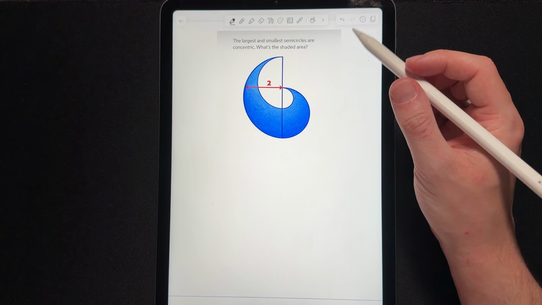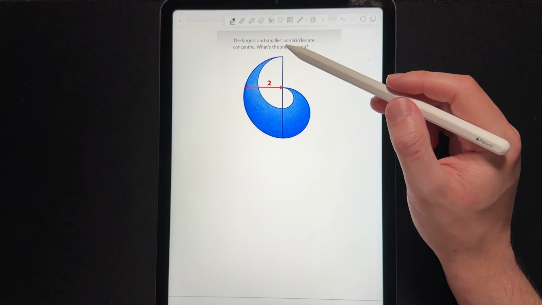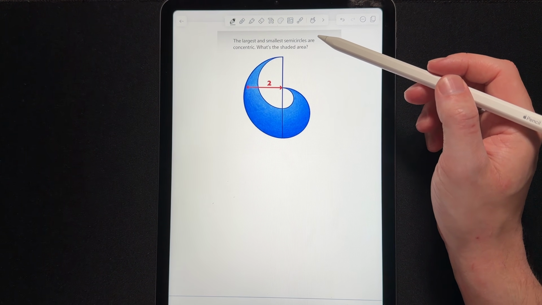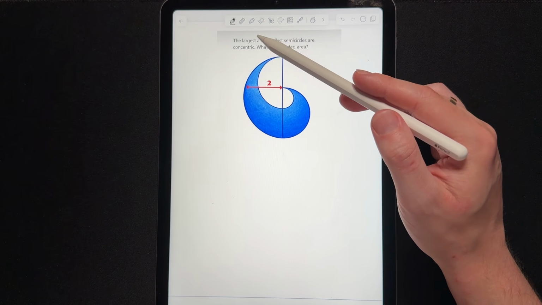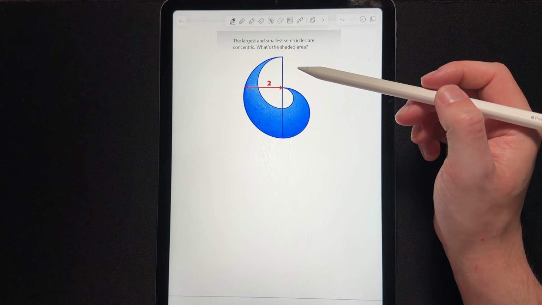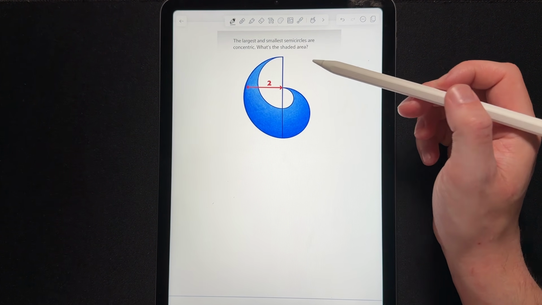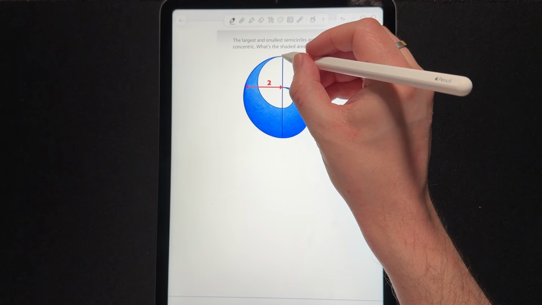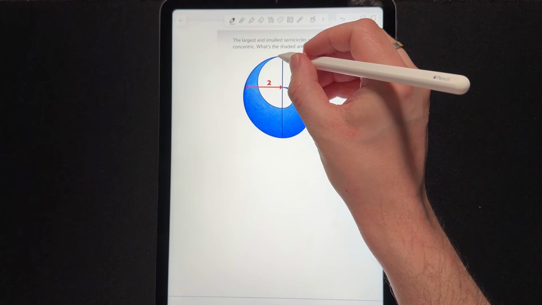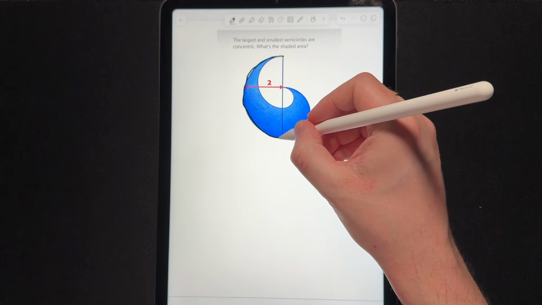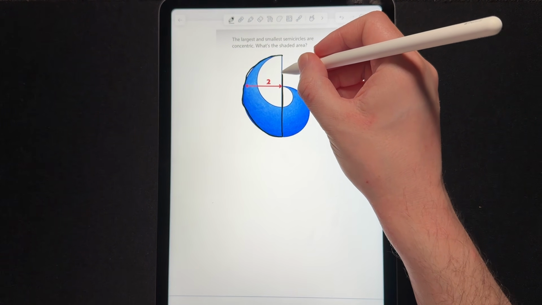So firstly, I want to identify the largest and smallest semicircles to work out where they are concentric. So they are concentric at the same point. Now the largest semicircle I can see is this big one, that goes around like this, and up here.